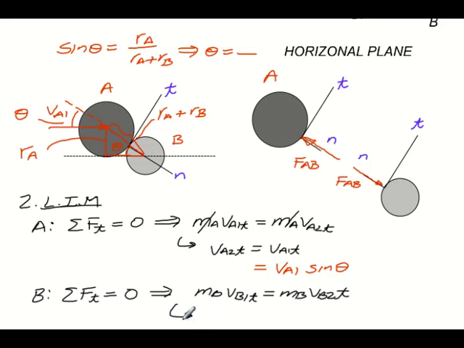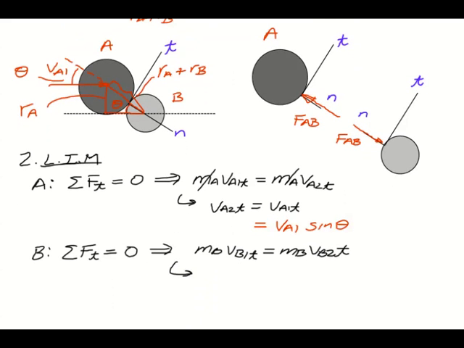So just like it was for A, the tangential component of velocity after impact is the same as it was before. And what it was before was the initial speed VB and projected. That's this way here.